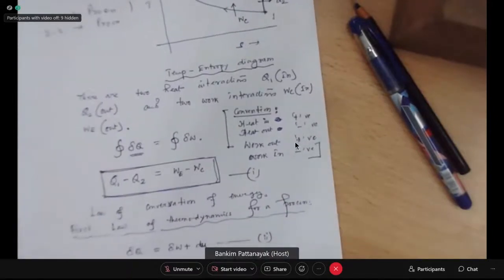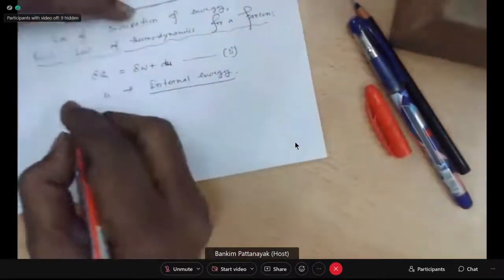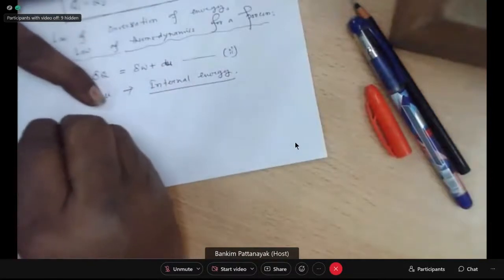There is one more important term we have to define, which is called enthalpy.